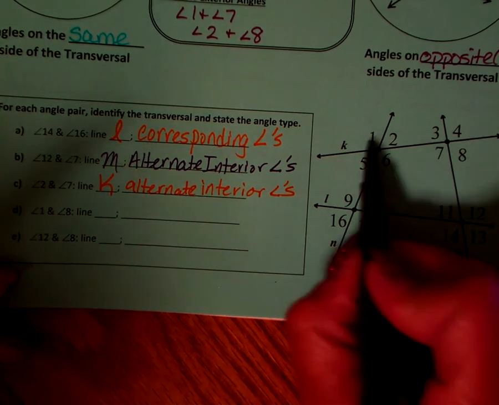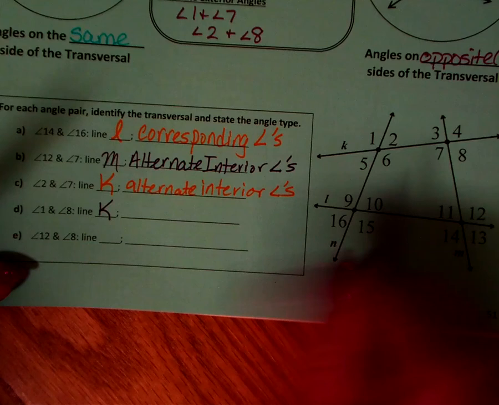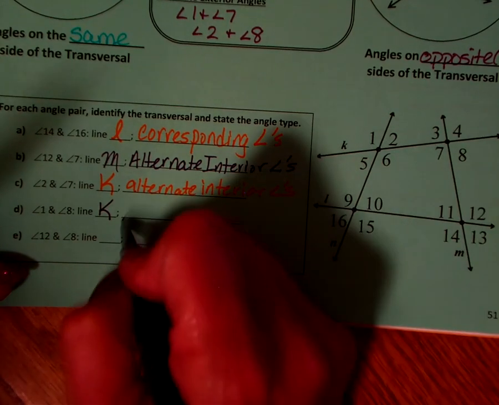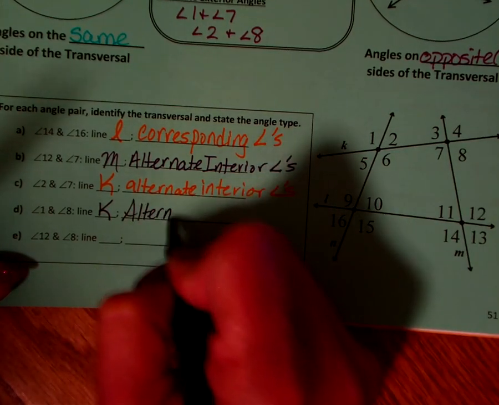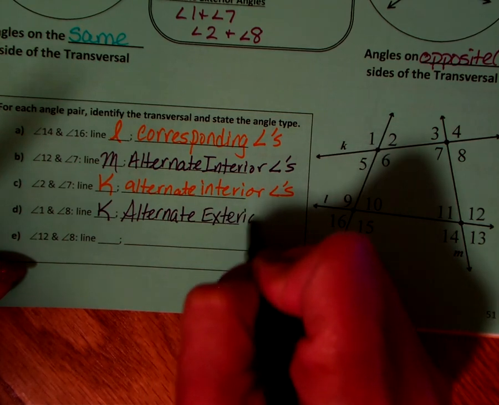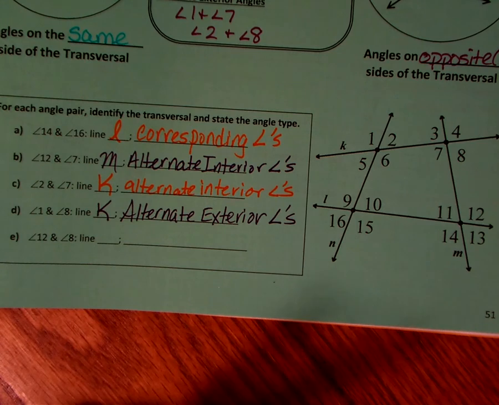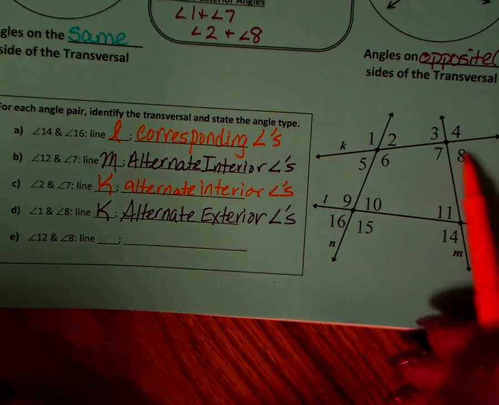Okay, looking at 1 and 8, K would be the transversal again, and 1 and 8 would be alternate exterior angles. Okay, and then the last one, angles 12 and 8, here's 8 and 12.